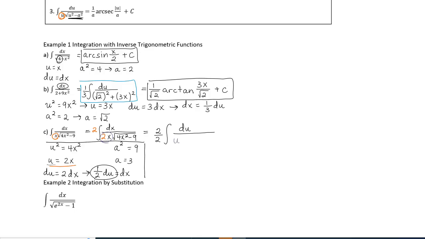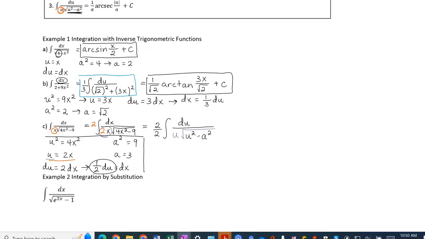And then under the square root, we just have u squared minus a squared. That's the way that we chose this. I'll just write this using the u and a for now. The 2's cancel, so we just need to evaluate the integral, and that matches this form exactly from the way we set it up. So I know that this will equal 1 over a arcsecant of the absolute value of u divided by a plus c.